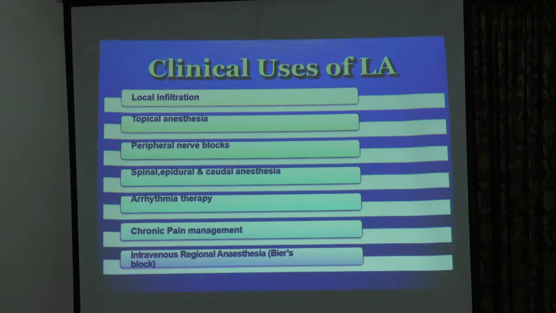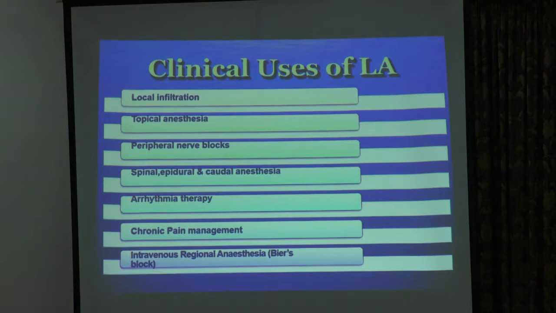So, clinical uses of local anesthetics. Infiltration. We are all familiar with it. And then topical, as well. The eye people use it a lot. You can use it to specifically block specific nerves. So you identify the nerves, then you block them. That's a peripheral nerve block. With local infiltration, you're not actually blocking a specific nerve. You're just putting it all around, hoping that whichever nerve comes there gets blocked.